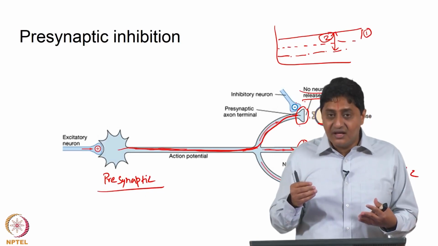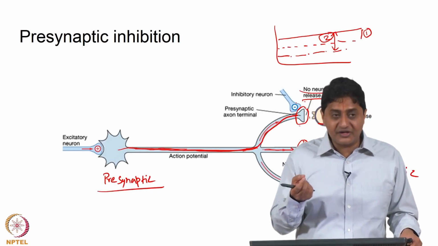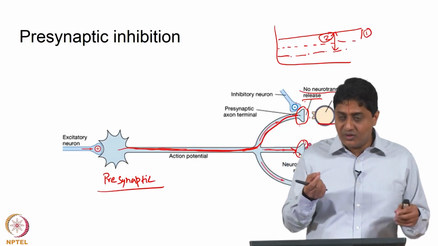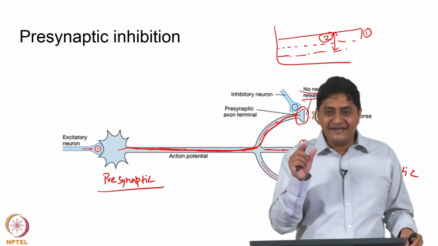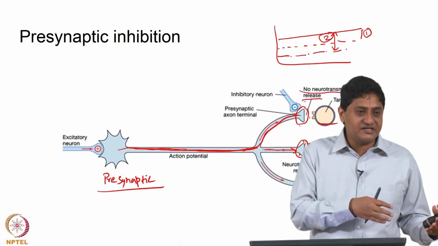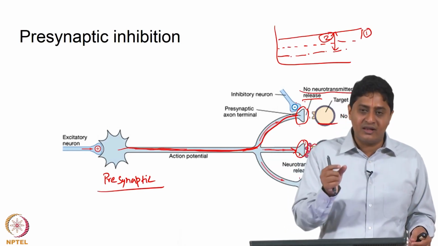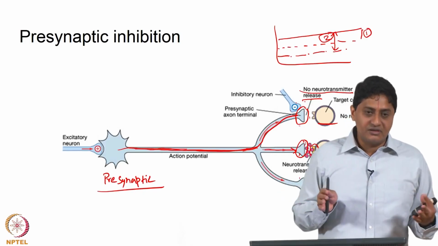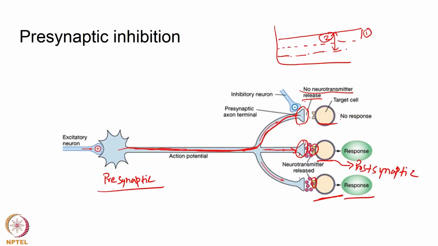Because of this reason, no new amount of neurotransmitter is going to be released. So the amount of neurotransmitter release is proportional to the difference in the amount of calcium that is present before the excitation arrives and after the excitation arrives. So if that difference is small, then little neurotransmitter, or if that difference is 0, no neurotransmitter will be released. So this target cell, this postsynaptic cell, will not respond at all.